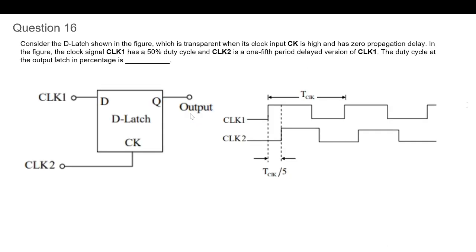Next question, consider the D latch. Okay, this is taken from one of the GATE questions. So this is a 50% duty cycle. And so if we consider, say, this has some 5 units, this also has some 5 units, then D latch, so at the positive level it will transfer. Okay, so this is positive, it will start transferring this value.